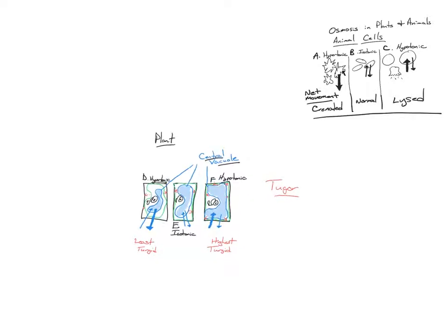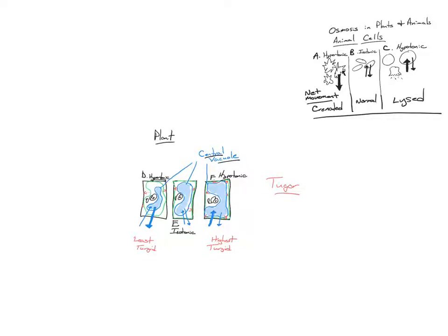All right. And by the way, when the cell has lost that turgidity, at least amount of turgidity, we call it plasmolyzed. In animals, it's called crenated, right?